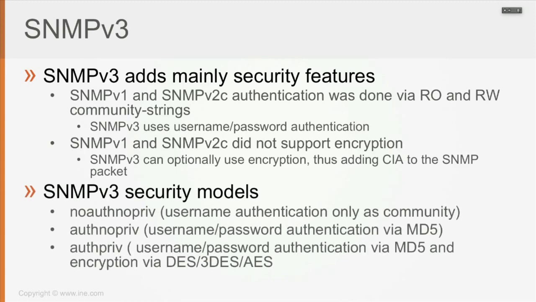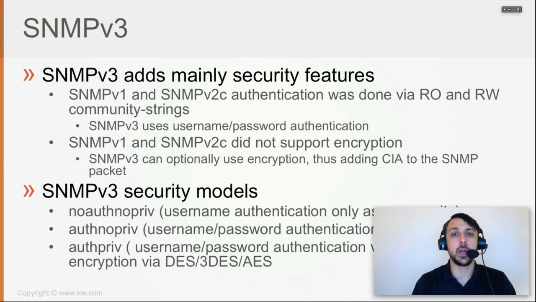Now, to enforce those new security features, SNMPv3 supports three security models. The first one is called noAuth, noPriv, which means that the authentication of the packets between the manager and the agent is done solely based on a username, with no password, which is basically going to be seen as a community. This is for backwards compatibility.